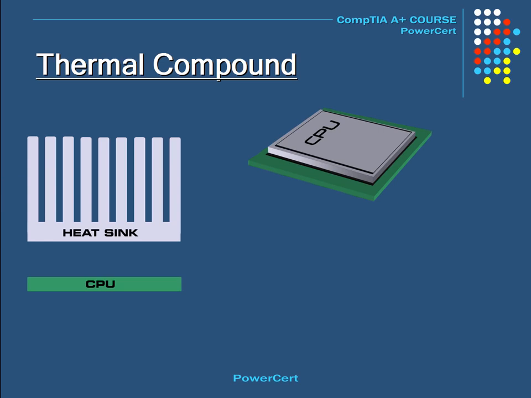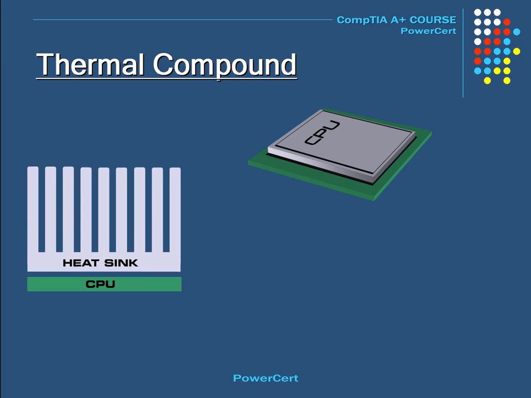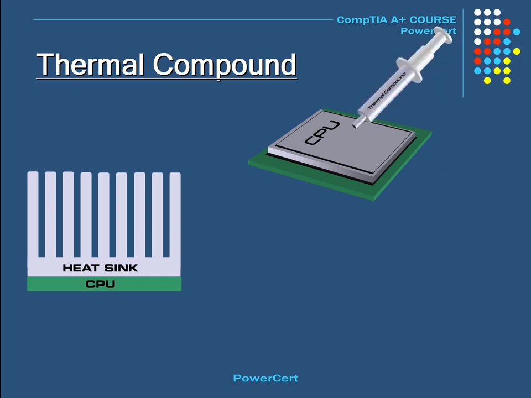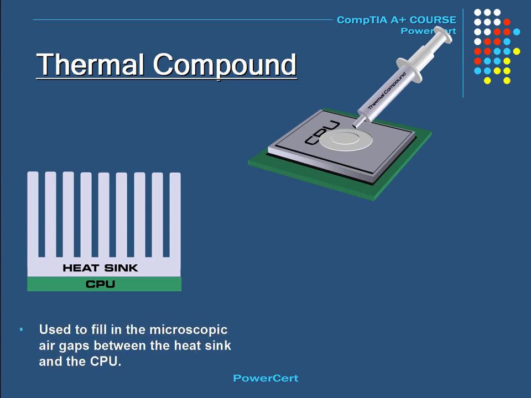It's important that the heatsink and CPU make the most contact with each other so that adequate cooling can take place. So that's why it's important to apply thermal compound on the CPU before attaching the heatsink. Thermal compound is used to fill in the microscopic air gaps between the heatsink and the CPU to make up for the imperfections of the flat surfaces.